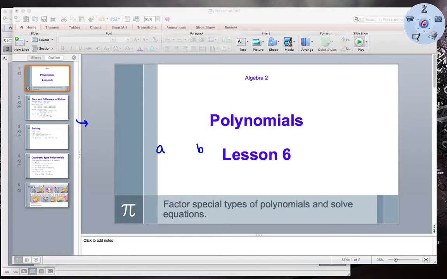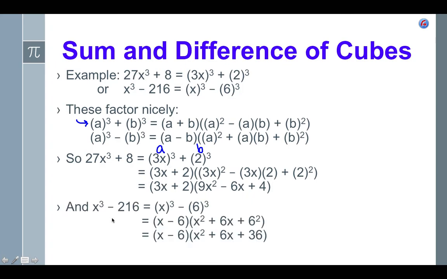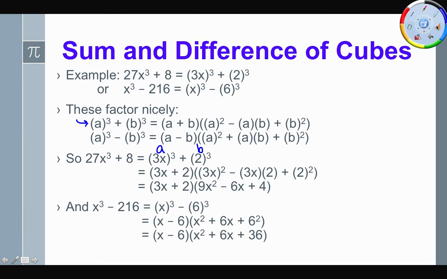So I also have the other example we're going to look at as well. Looking at x cubed minus 216, we could write that as x cubed minus 6 cubed and use the second formula there, the second one being a difference or subtraction. We could still let the first thing be a, and the second thing is b.